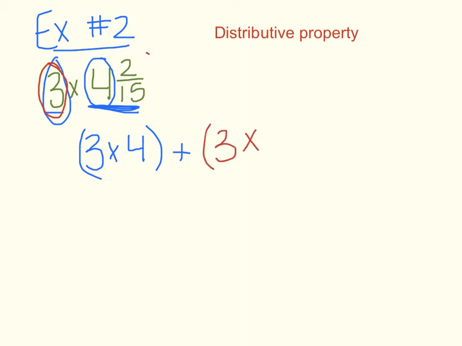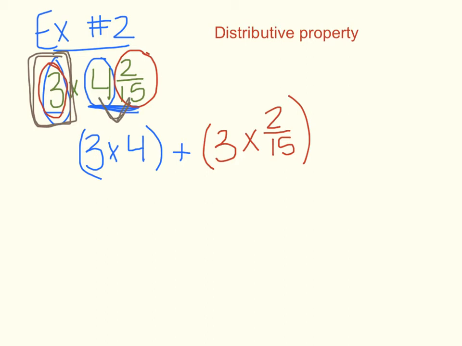Times, now I'm going to use the fraction part of my mixed number. So all I did was I took my 3, which was my whole number, and I multiplied it by both parts of my mixed number. I multiplied it first by the whole number and then by the fraction. That's all. And then I would solve both of these and add them together.